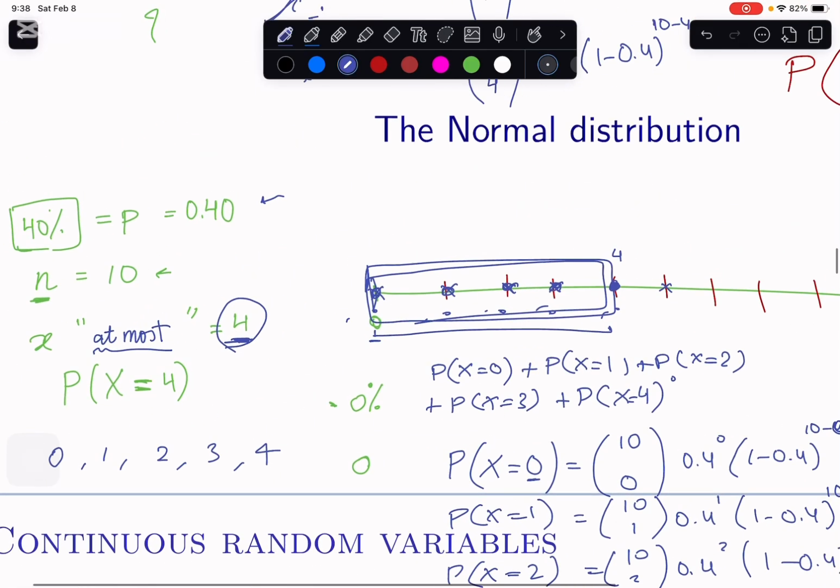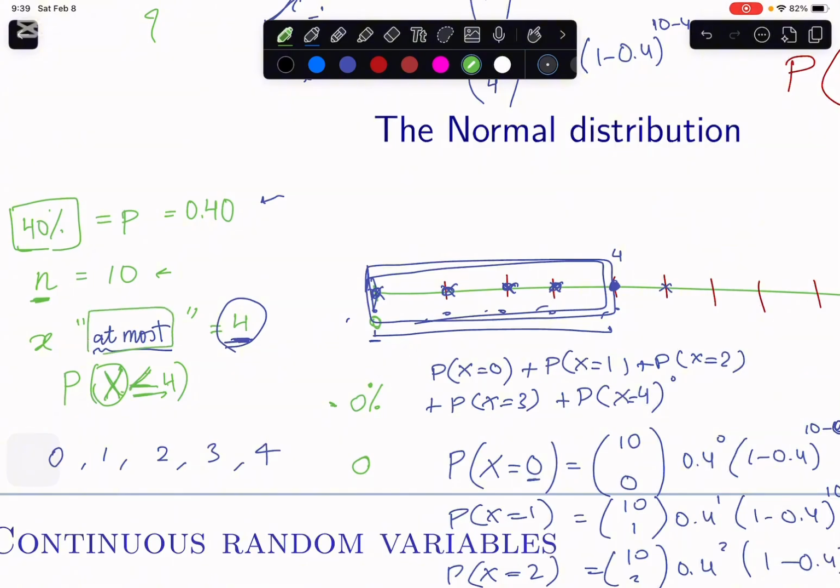The probability of x being at most, which means less than or equal to 4. So the highest number it can reach is 4, and all the x's should be less than or equal to 4. I know these signs are a bit confusing, but you'll get the grasp of it if you translate this.